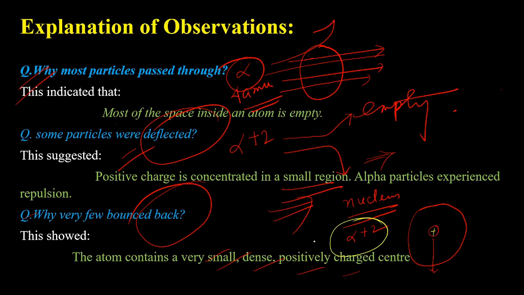Because for the bounce back, the alpha particle should have been repelled by a strong positive charge inside the atom. As the experiment shows that only one alpha particle out of 20,000 bounced back, there is a small region inside the atom which is dense in positive charge. That means all the positive charge of the atom is concentrated in the center of the atom. That part is called the nucleus by Rutherford. So the atom contains a very small, dense, positively charged center.